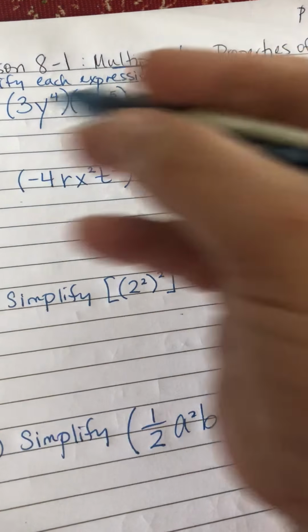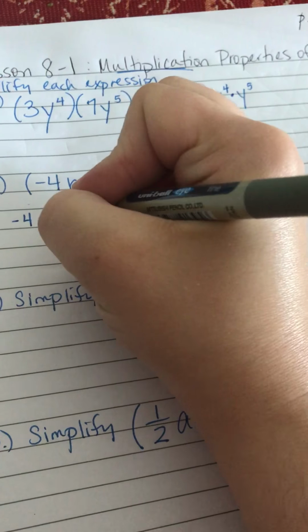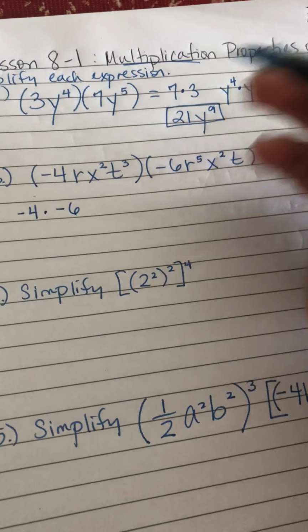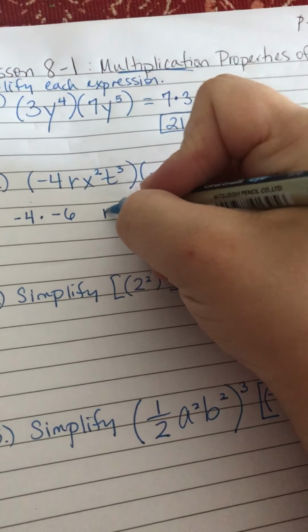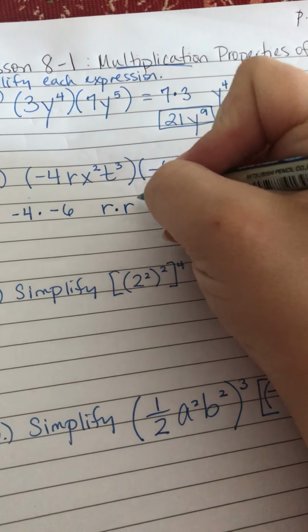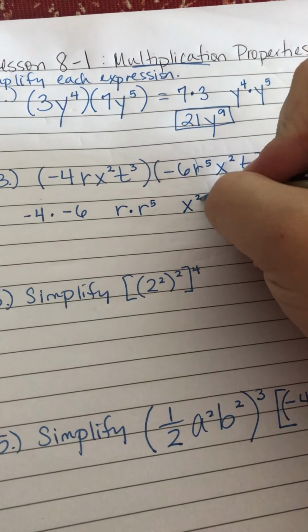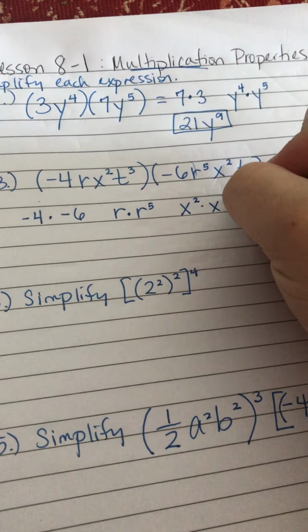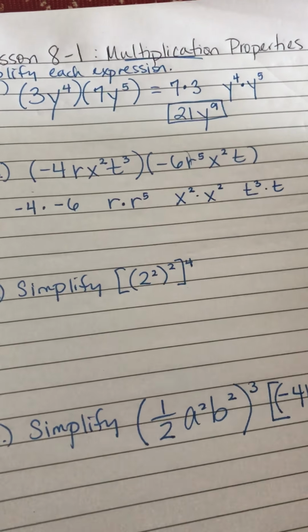Again, I'm going to rearrange because it's a little bit easier to see when I put the things that are alike together. So the -4 and the -6 I put together. The r and the r to the 5th I put together. The x squared and the x squared I put together. And then the t cubed and the t I put together.